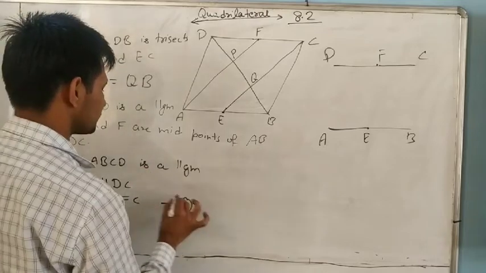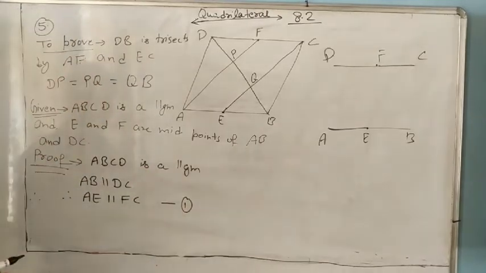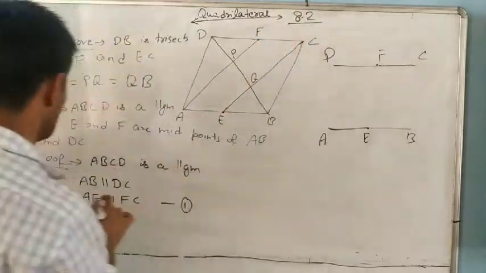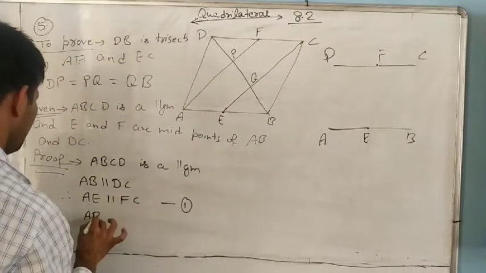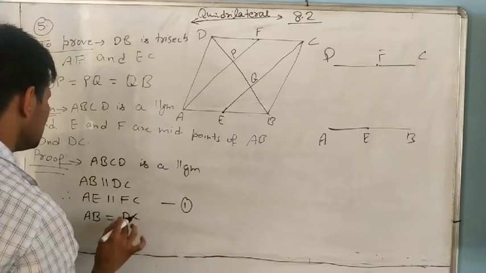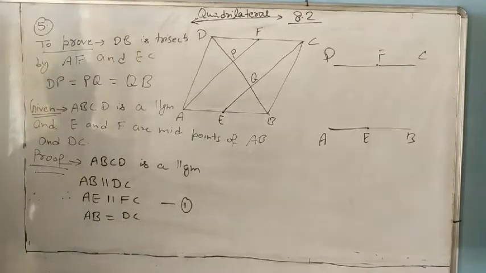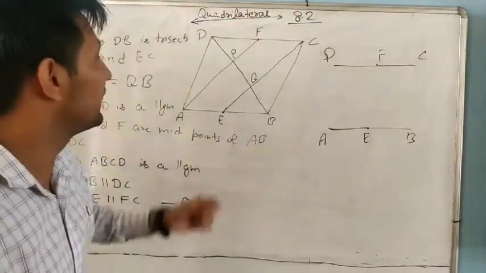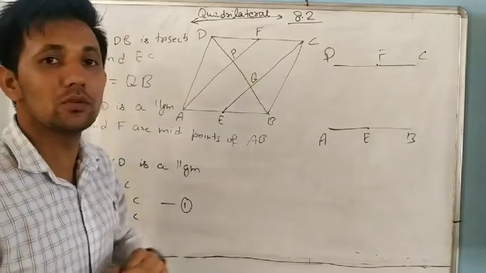And also, if ABCD is a parallelogram, AB equal to DC also. And if AB equals DC and E and F are midpoints, then AE equal to FC also. Why?